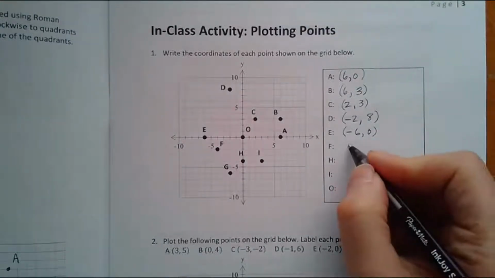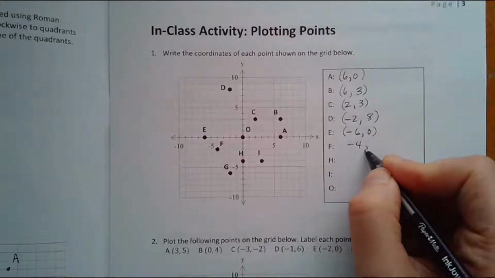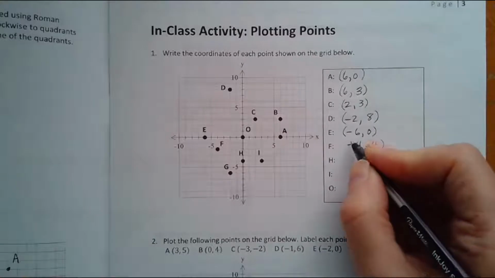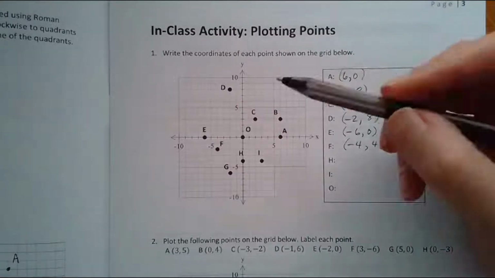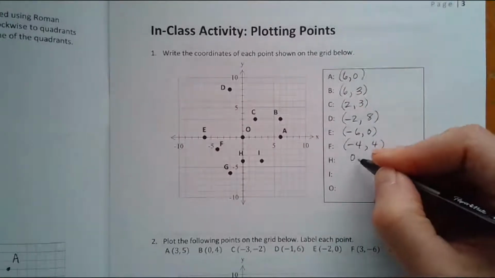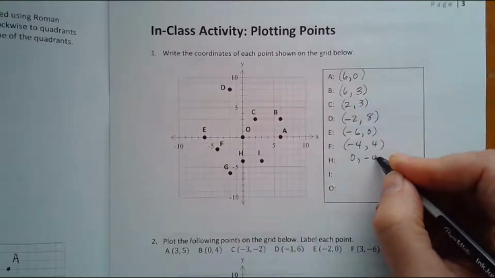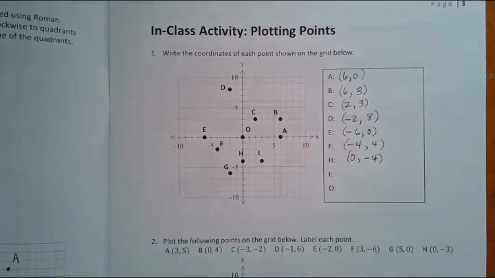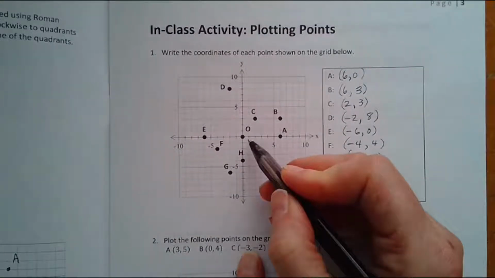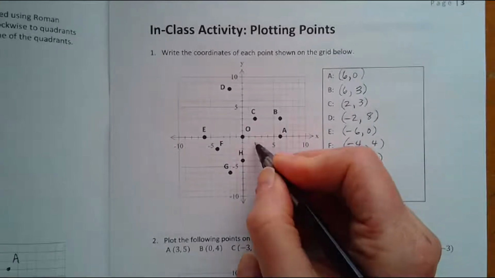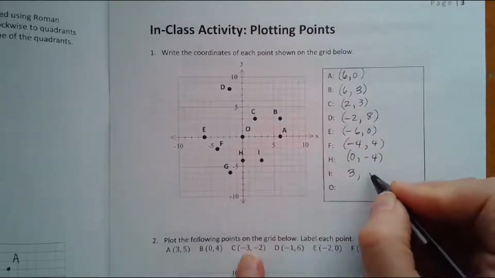Point F is a -4, 1, 2, 3, 4. H is a 0 coordinate for x and 1, 2, 3, 4 and a -4 for y. I is here, so 1, 2, 3, it has a coordinate of 3, 1, 2, 3, 4, and a -4.